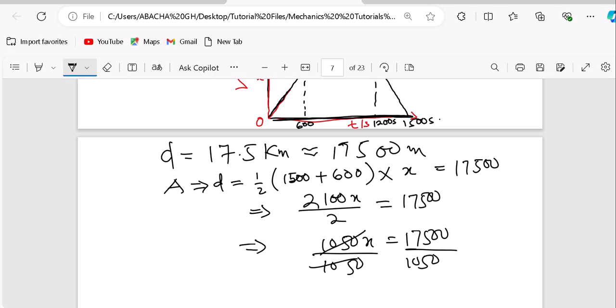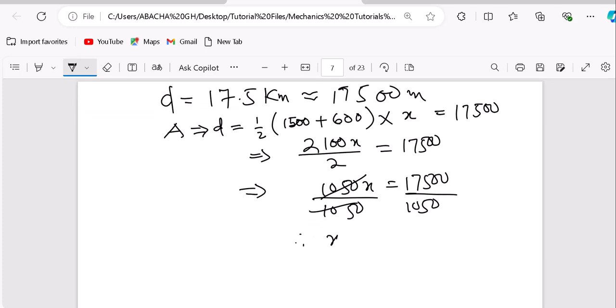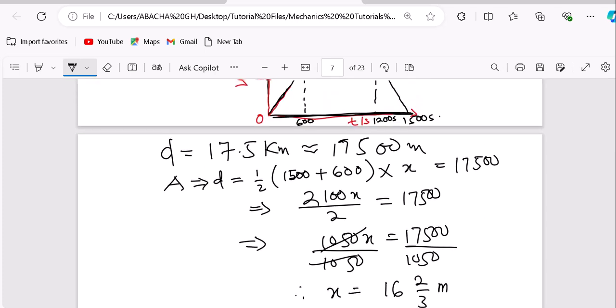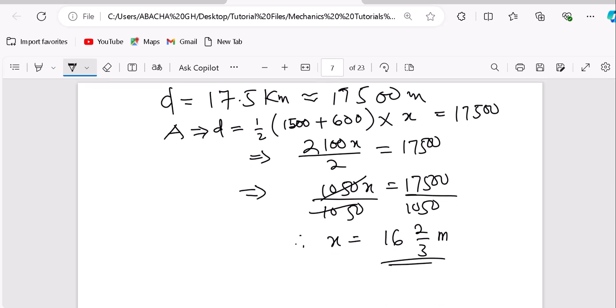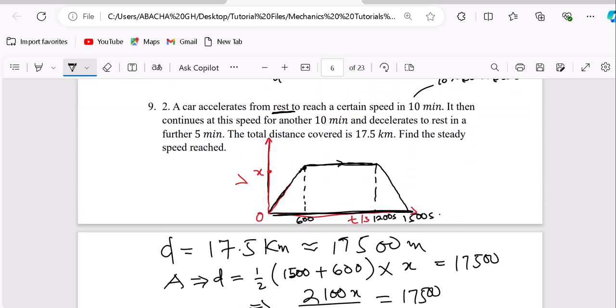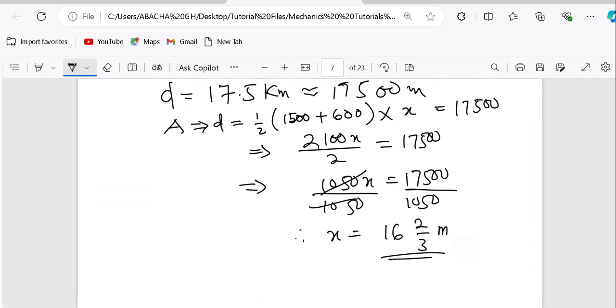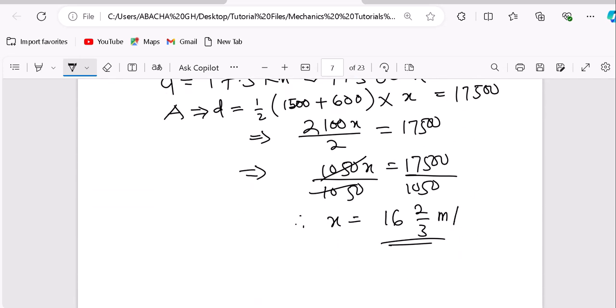So divide both sides by 1050, this and this go. Therefore x is equal to 17500 divided by 1050, and you are getting 16 and 2/3. Since we are looking for the steady speed, that's the value of our x, in meters per second.